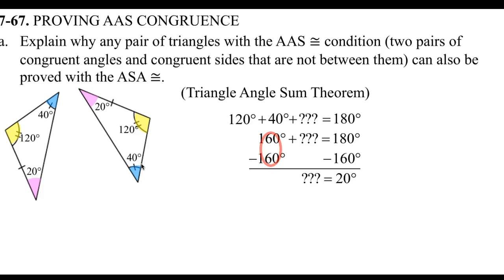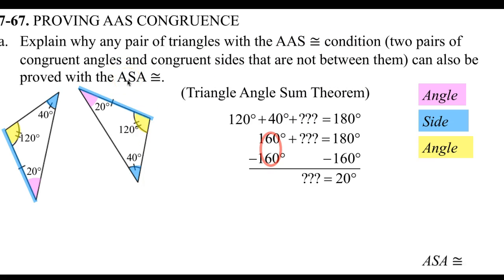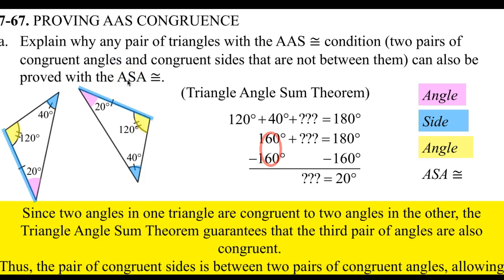So we just showed that. Now we have three angles, right? So now we have angle, side, this side, and angle. So basically, we use the triangle sum theorem to show that AAS could also be ASA. Go ahead, fill that in your notes.